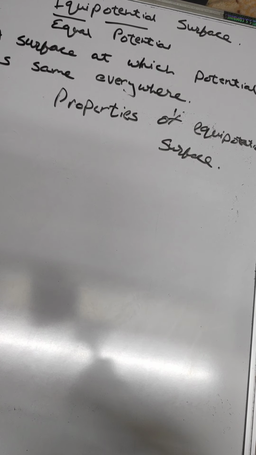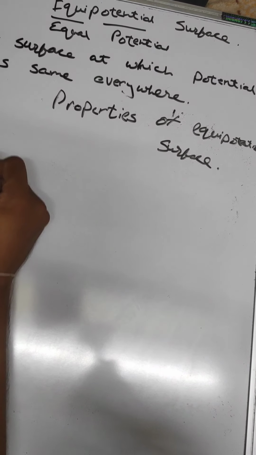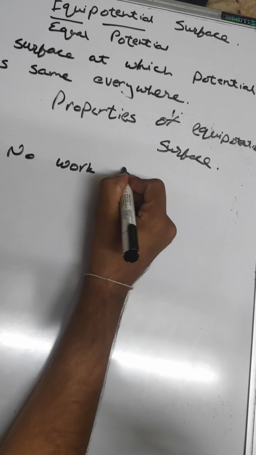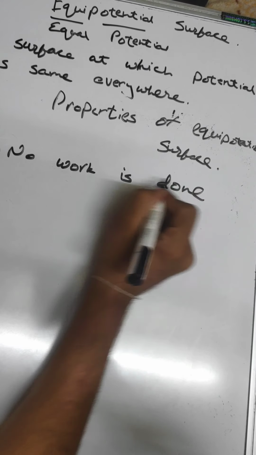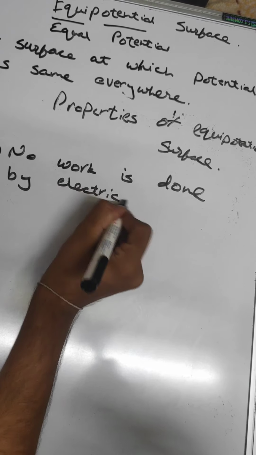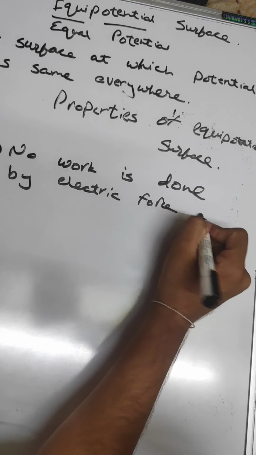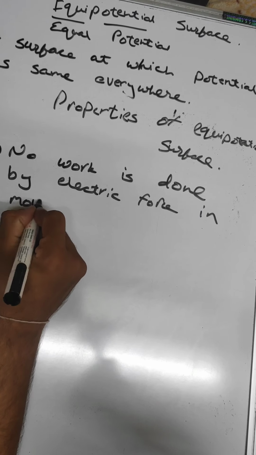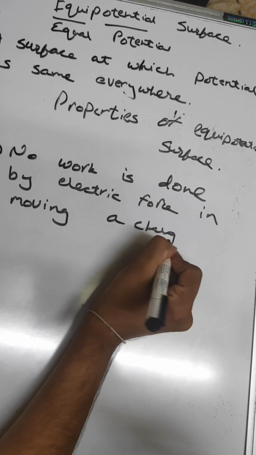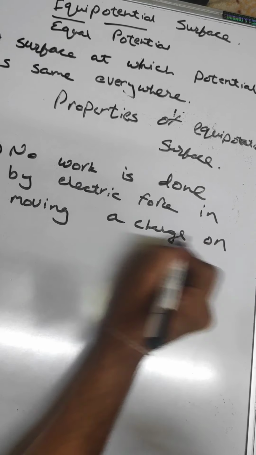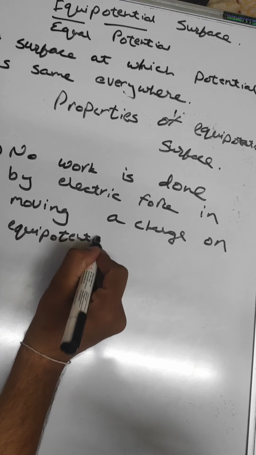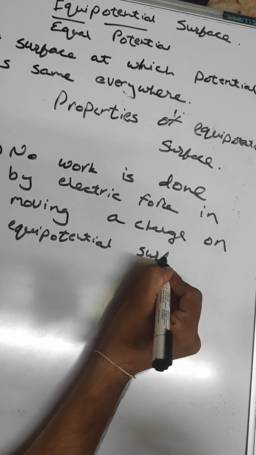What does the second property say? No work is done by electric force in moving a charge on an equipotential surface.